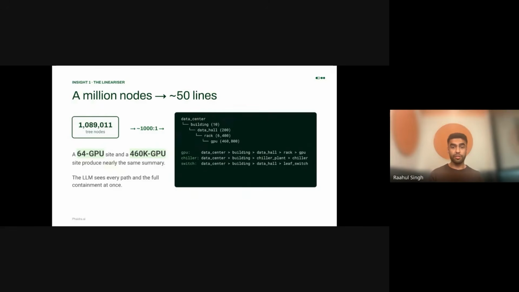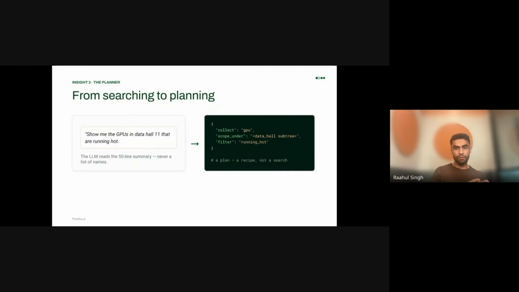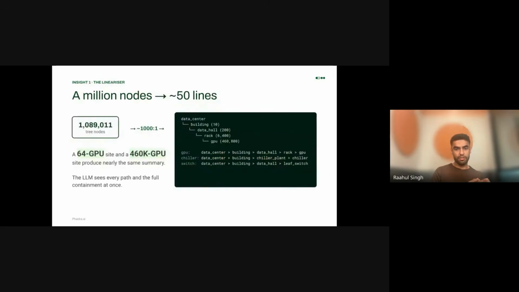For example, here you can see that to get to a GPU, you just need four different layers to get to it. To get to a chiller, similarly, four layers. To get to switches, similarly, four layers. With this, a 64 GPU system and a 460,000 GPU system produce roughly the same size summaries.